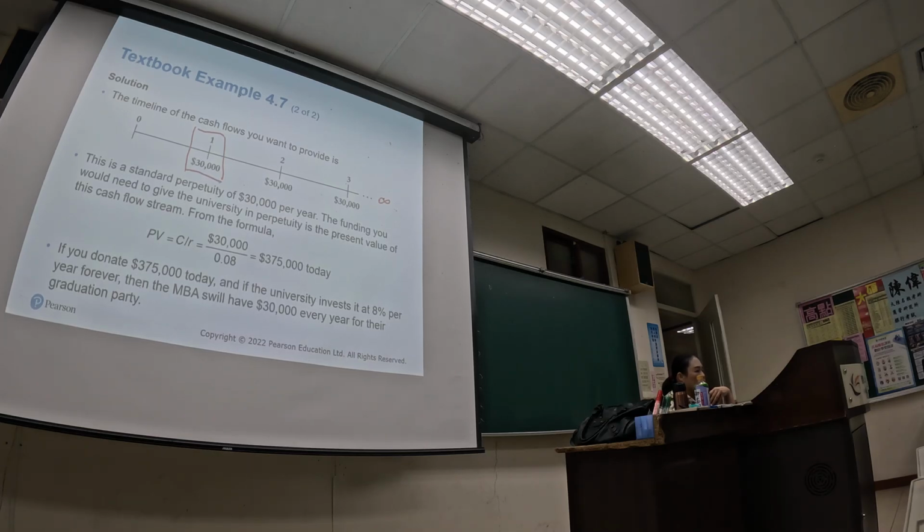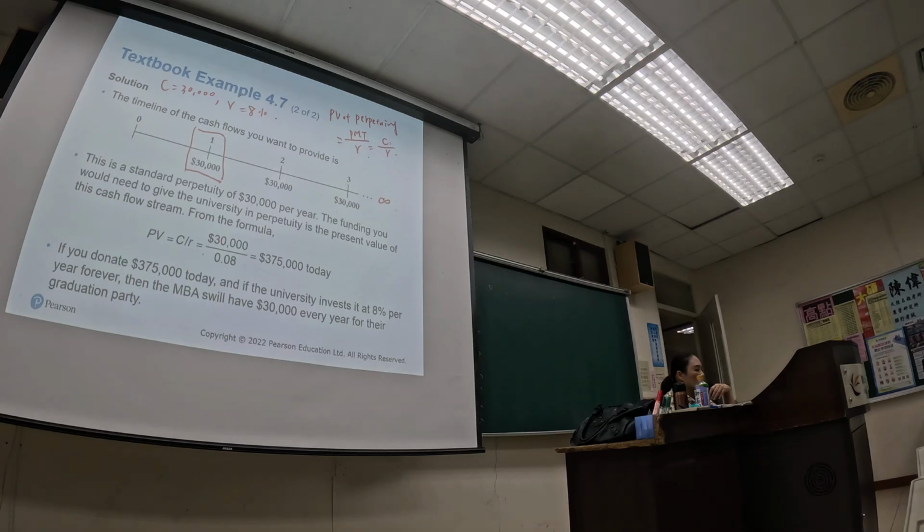So you know that PV of perpetuity equals PMT over R or C over R, right? And then C equals 30,000, R equals 8%.